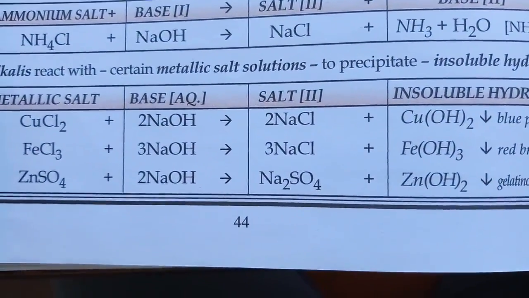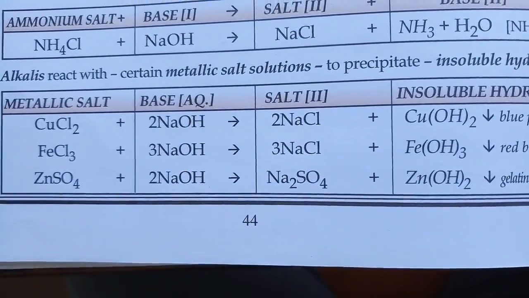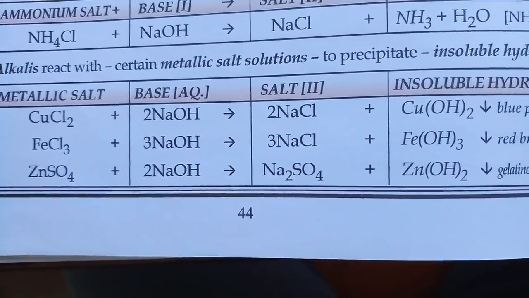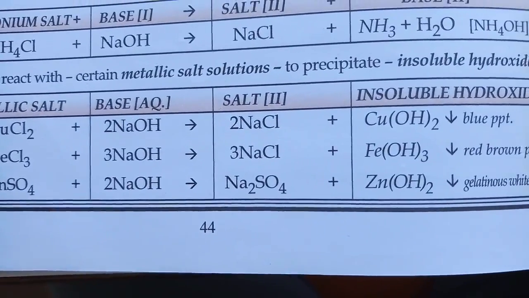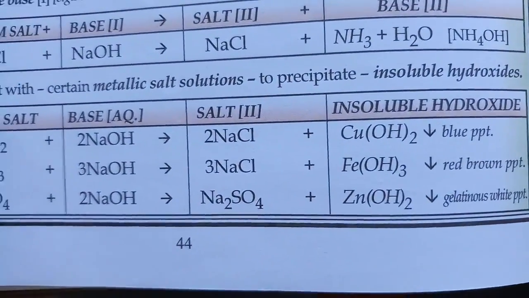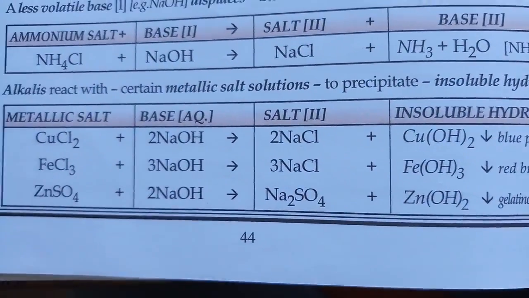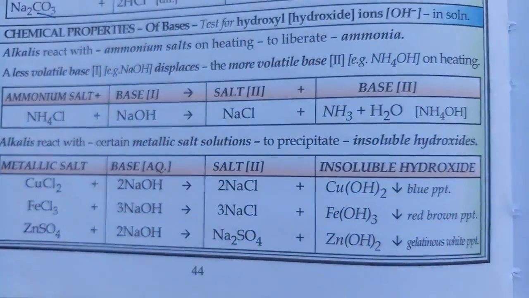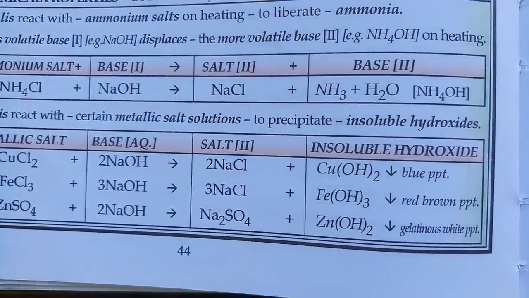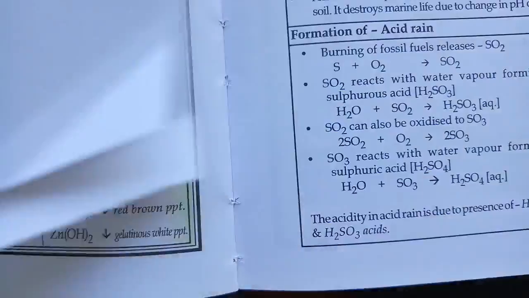If you come across FeCl3, a metallic salt again, or zinc sulfate, it gives you the salt NaCl and Fe(OH)3, ferric hydroxide, and sodium sulfate and zinc hydroxide. So in short, when a metallic salt reacts with the base, it gives you insoluble hydroxide and salt. This is the property of bases.